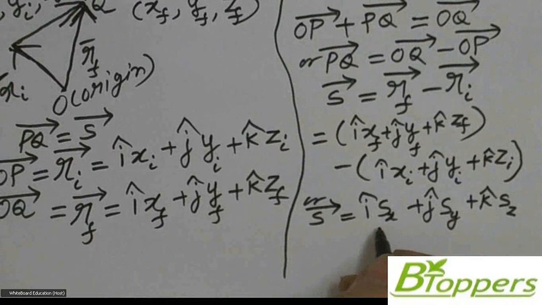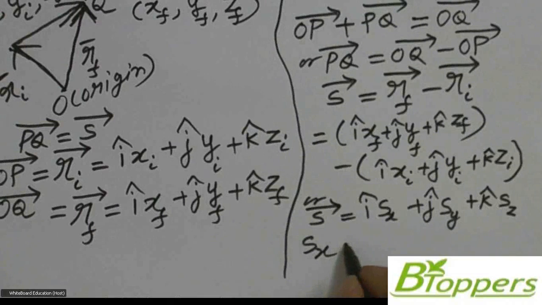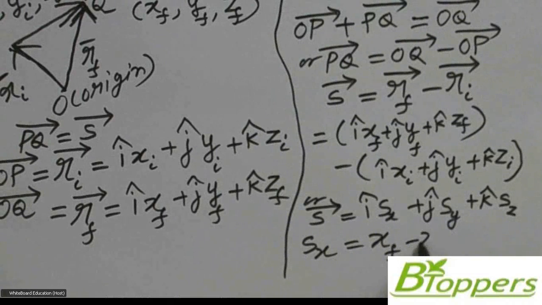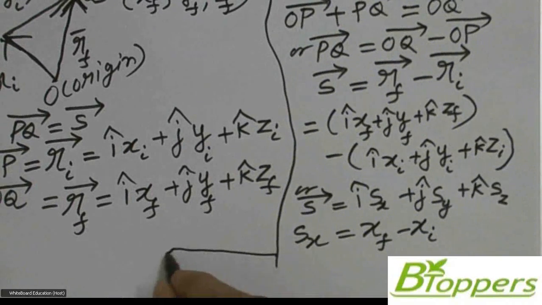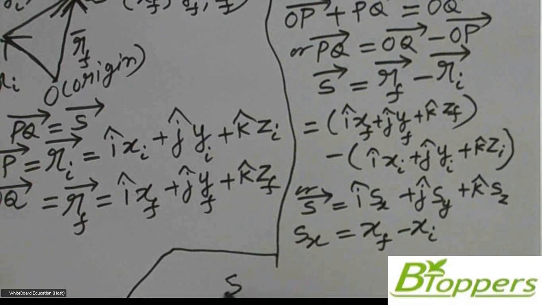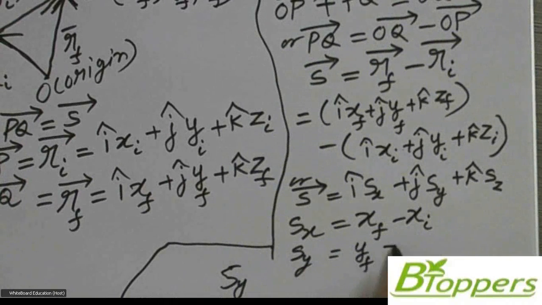Here Sx represents the x component of the displacement of the particle, which will be equal to the x coordinate in the final position minus the x coordinate at the initial position. Sy is the y component of the displacement of the particle, which you can write as the y coordinate in the final position minus the y coordinate in the initial position.